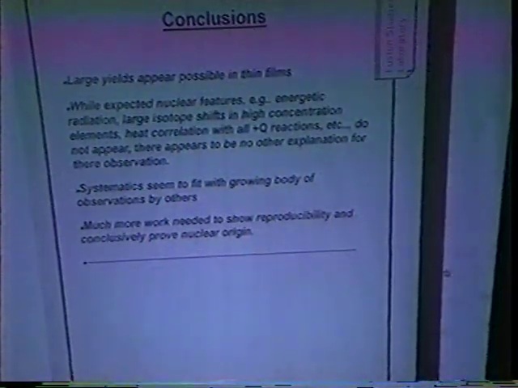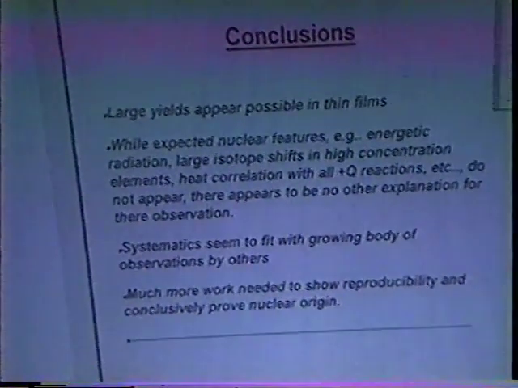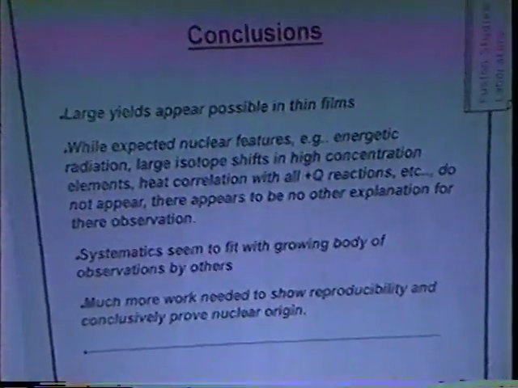And there are many unexpected features which I've stressed. The systematics, though, seem to fit with the growing body of observations by others. I haven't had a chance to compare with some of the other experiments. I think if you look at people who are reporting this type of thing, you'll see the same characteristics increasingly.